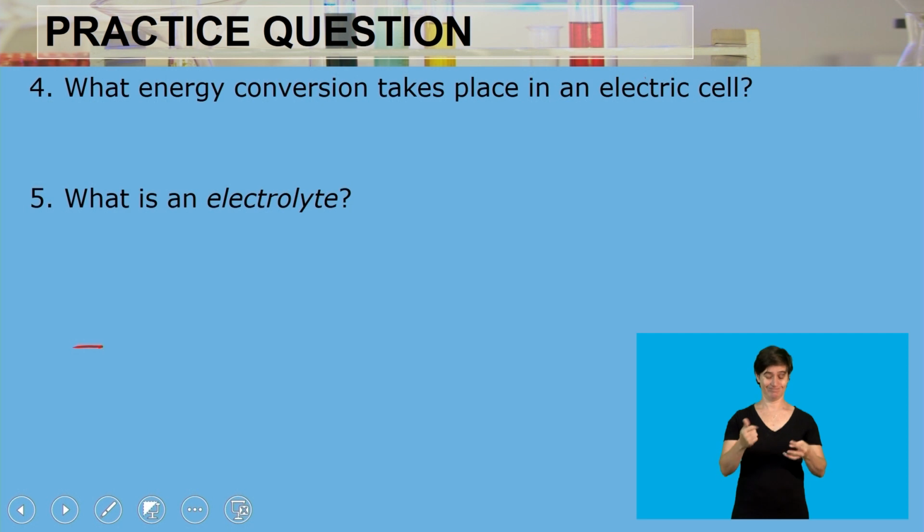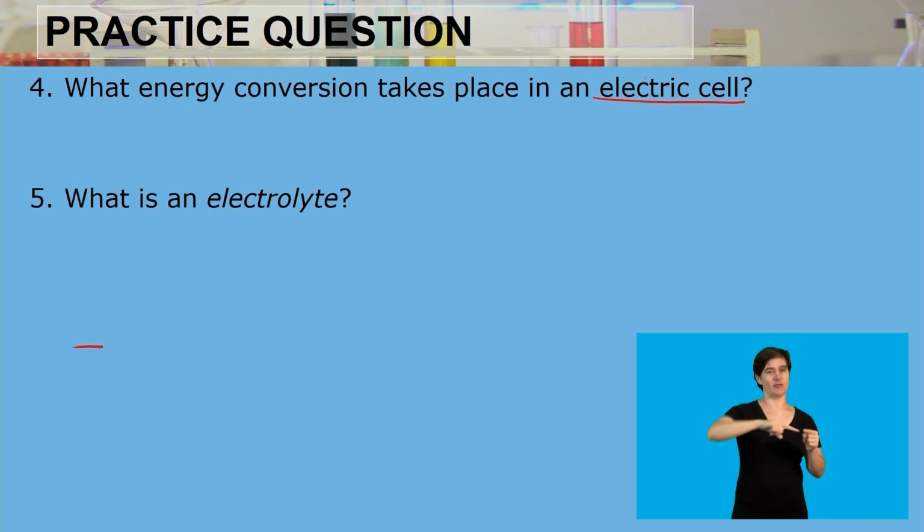Now question 4, what energy conversion takes place in an electric cell? As we have said, we have a chemical inside the cell that is used to conduct electricity. So remember, the moment you connect your conducting wires to the negative electrode and the positive electrode, a chemical reaction is going to take place. Because of that, the charges, or rather the electrons, are going to be deposited at the negative electrode, and they are going to be transferred from that electrode to the other electrode. When that happens, that is a generation of electric energy.